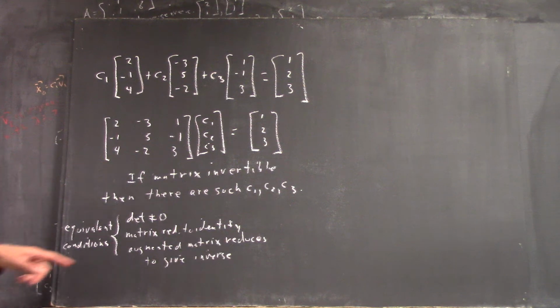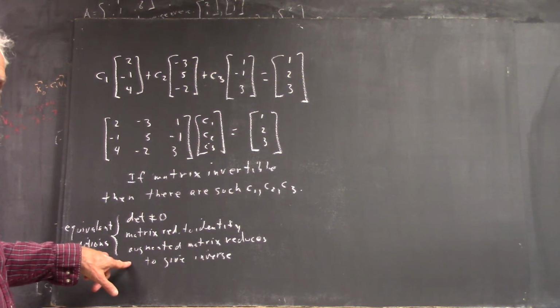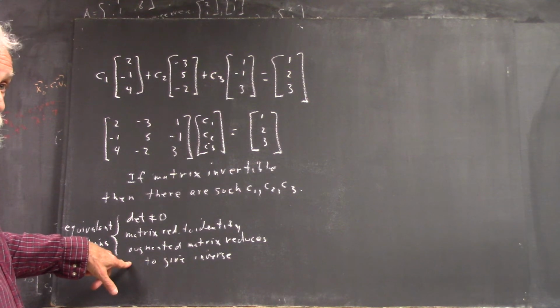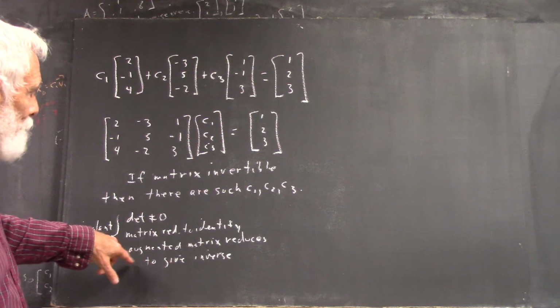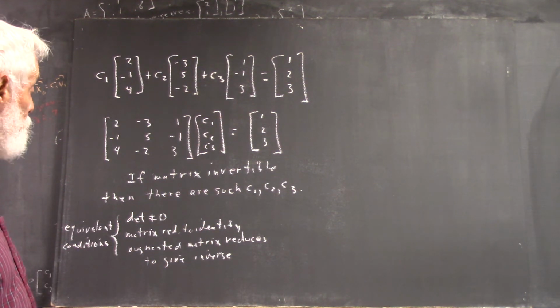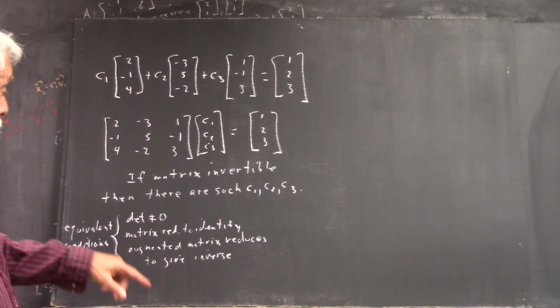So you could solve this by reducing a matrix augmented with the identity, right? Mm-hmm. Okay, and the matrix augmented with the identity reduces to give the inverse anyway.